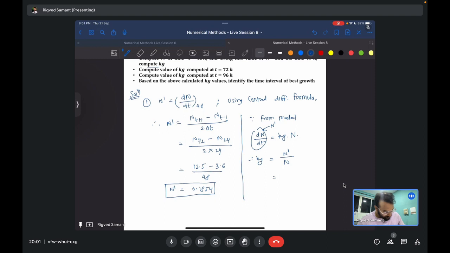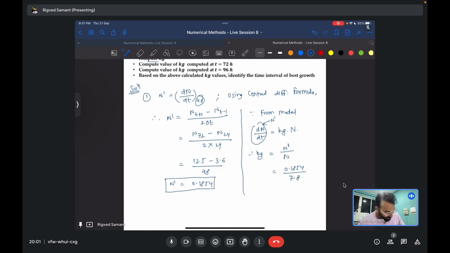So n dash is 0.1854, and this is for 48. What is n at 48? It is 7.8. So 0.1854 divided by 7.8 is 0.0237.